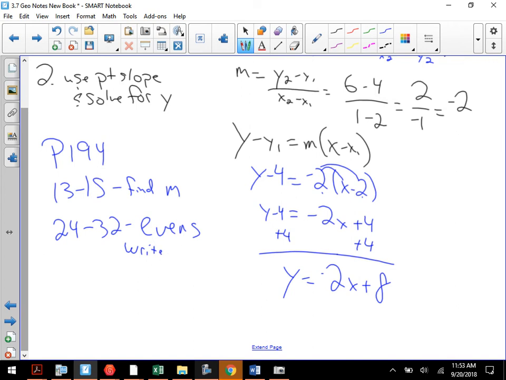So I've got 3 of them that are find slopes, and the other 5 are write the equation. 13, 14, and 15 is just find the slope. The other 5 are write the equations of the line that contain a slope and a y-intercept, 2 points, or a slope and a point. So you have to do that stuff.